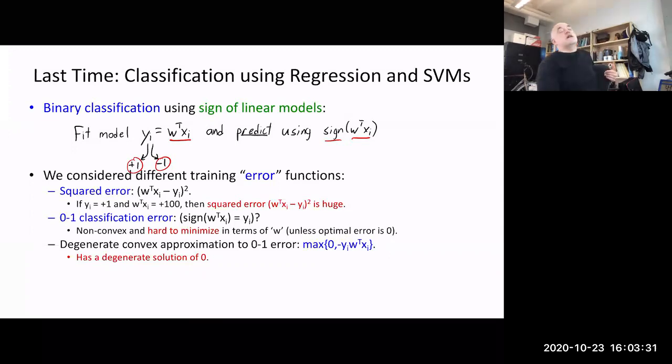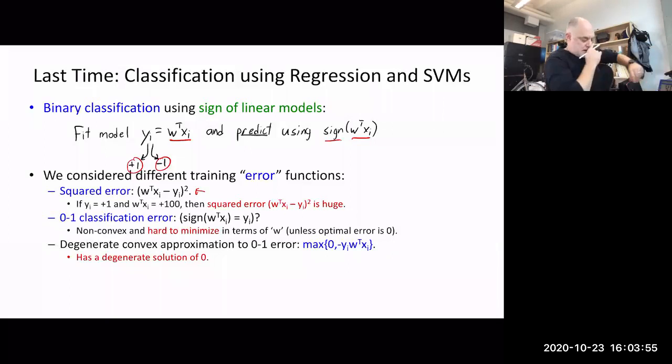We said, well, we could just train the linear regression model with our regular old squared error. The issue is that this will not necessarily give rise to models with the best classification accuracy, because you will penalize being right too much, and that will cause your decision boundary to be put in a weird place.